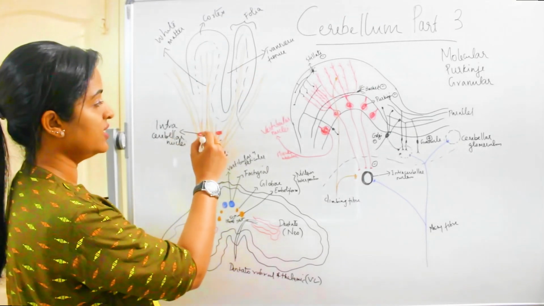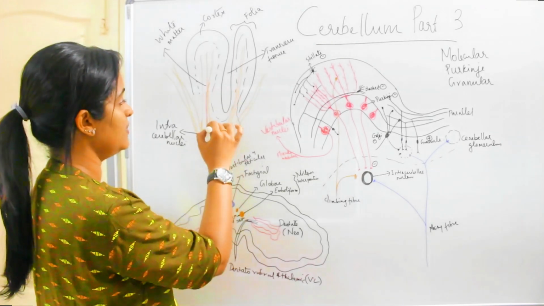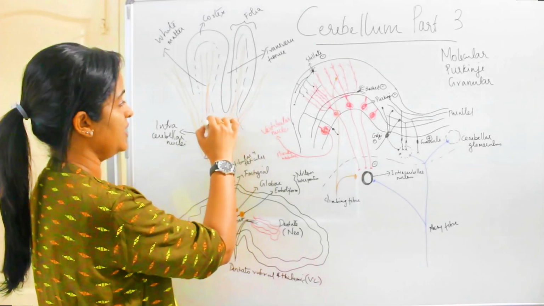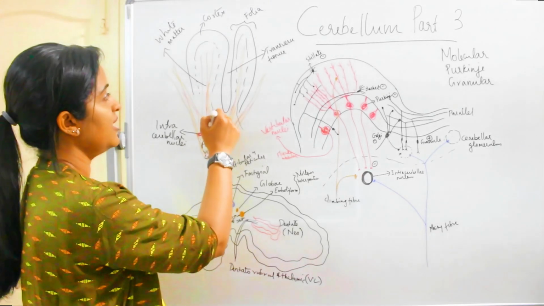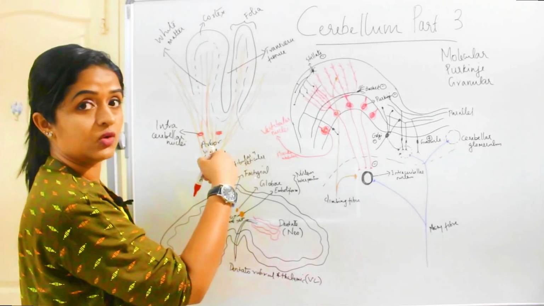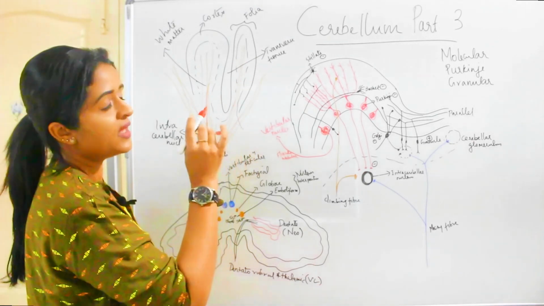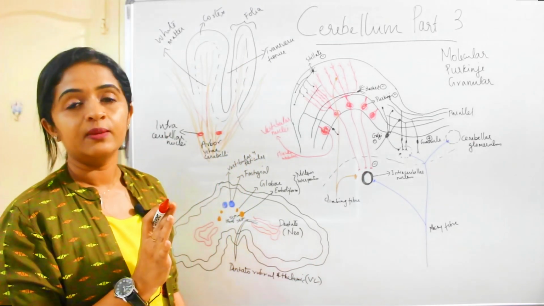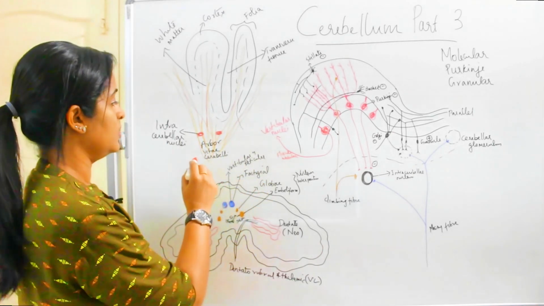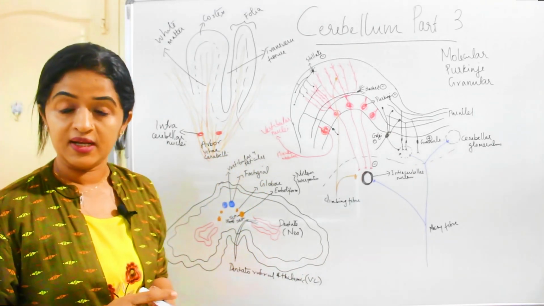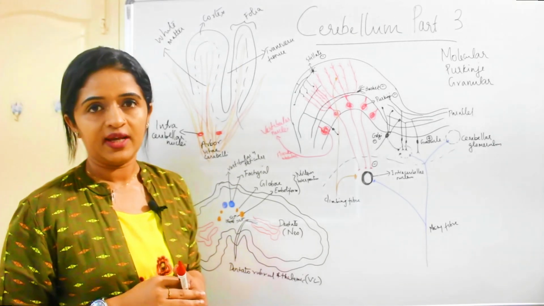If you look at the white matter alone, you can imagine it as the branches of a tree. If you take a section of the cerebellum, the white matter going into or coming from the cerebellum will look like branches of a tree, and hence that appearance is known as arbor vitae cerebelli, or otherwise known as tree of life.